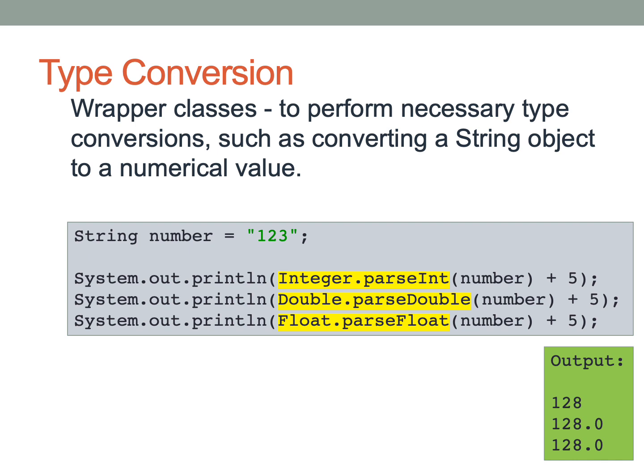How can we convert a string to int? Within the Integer class, there's a method called parseInt that will parse the string to an integer. So when we write Integer.parseInt(number), it changes our string "123" into a number 123. So we can do addition with it.